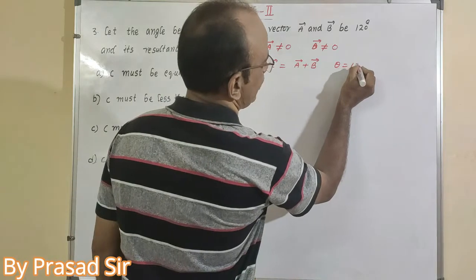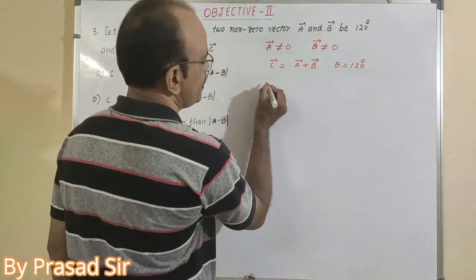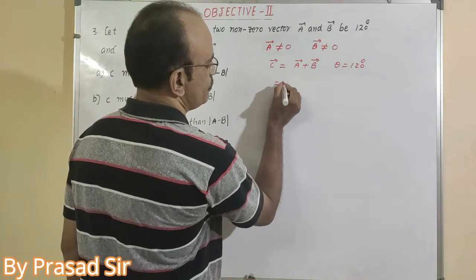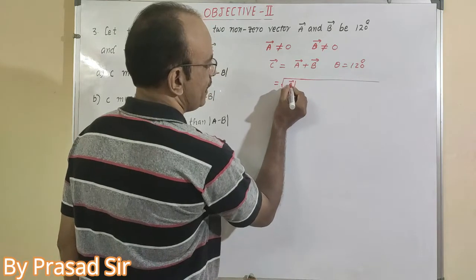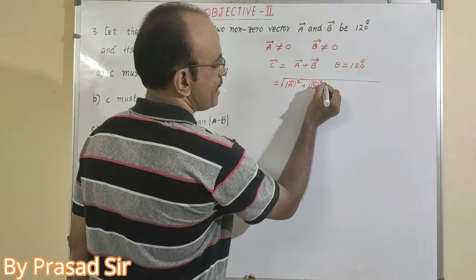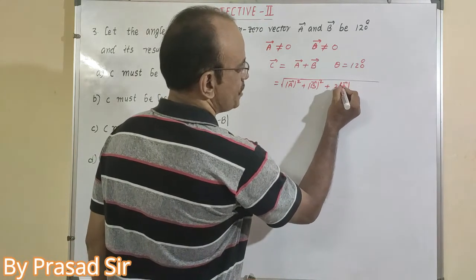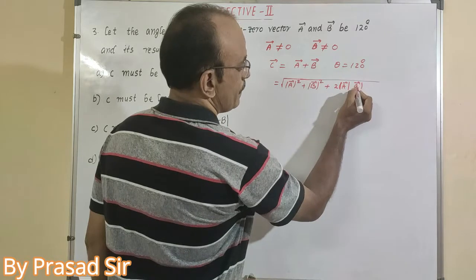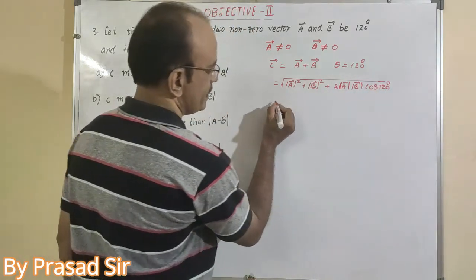And what about theta equal to 120 degrees? Now I will write the magnitude of C vector is equal to square root of A vector magnitude whole squared plus B vector magnitude whole squared plus 2 times A magnitude, B magnitude, and cos 120 degrees.